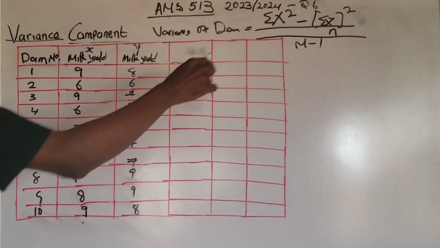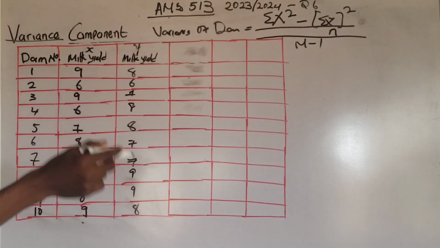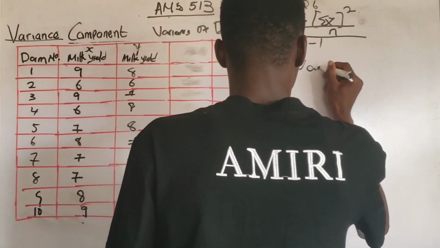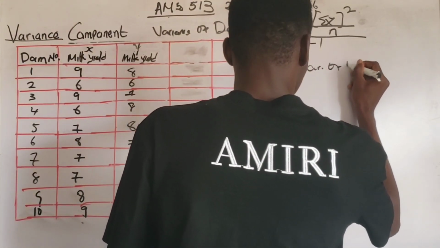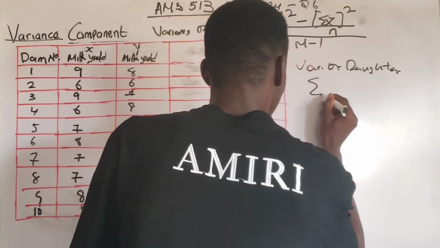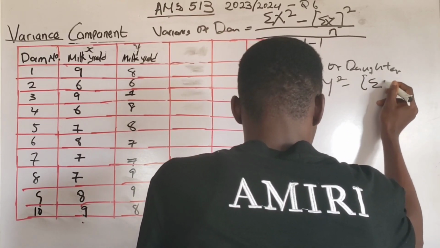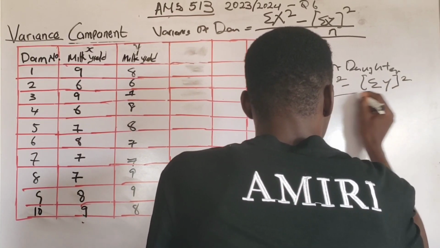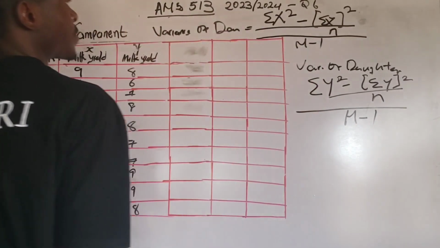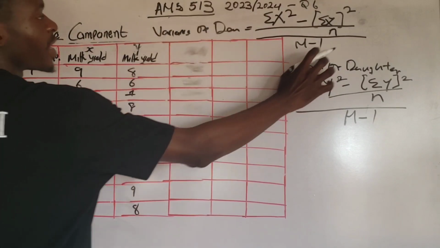The formula to find the variance of the daughter's milk yield is: variance of daughter is summation y squared minus bracket summation y, all over n, then over n minus 1. So these are the formulas to calculate the variance of the dam's and the daughter's milk yield.